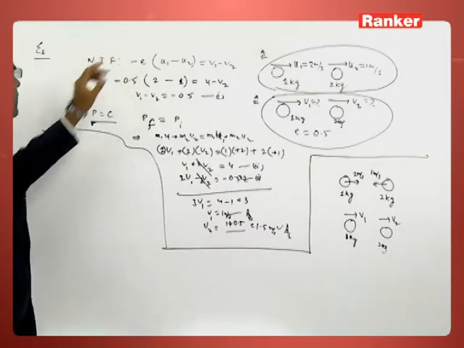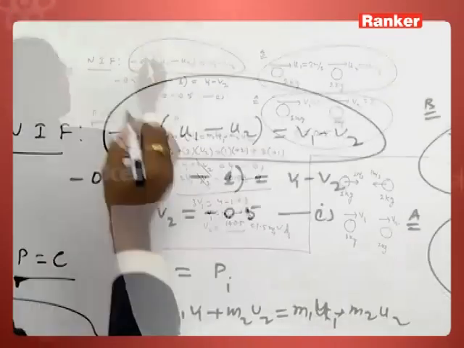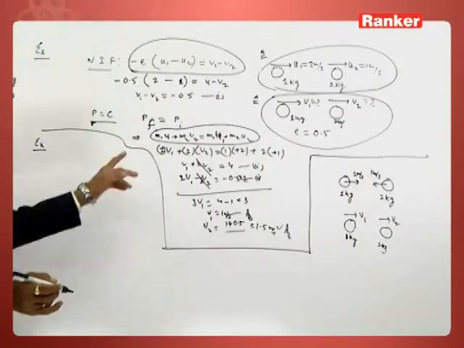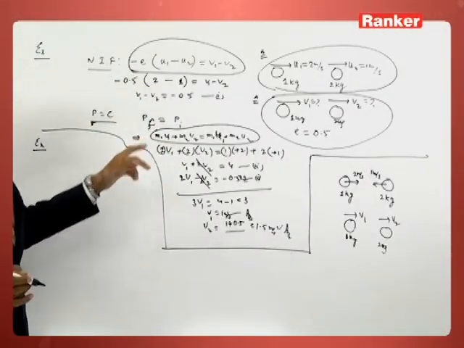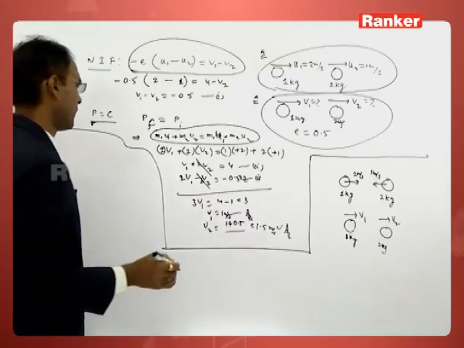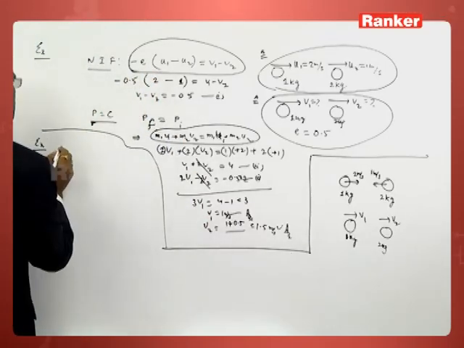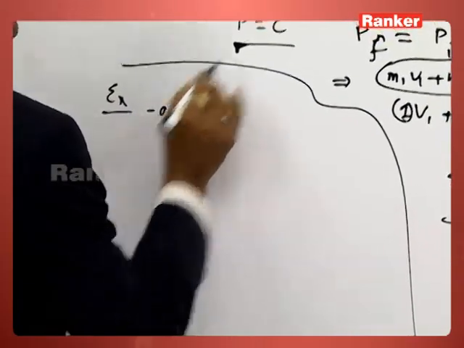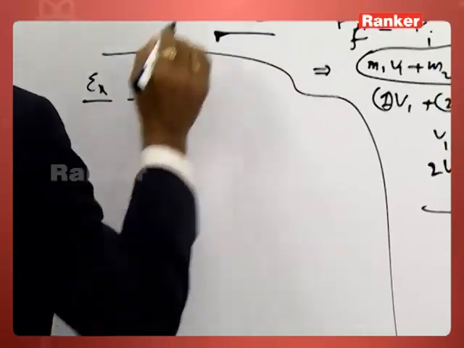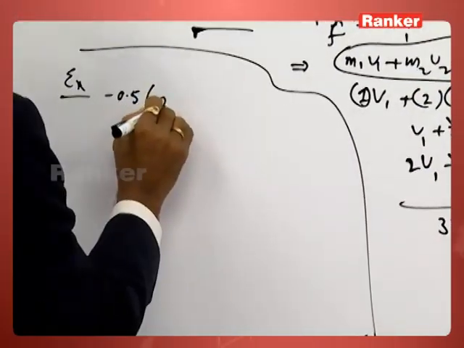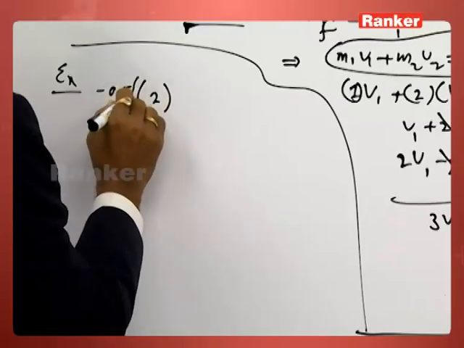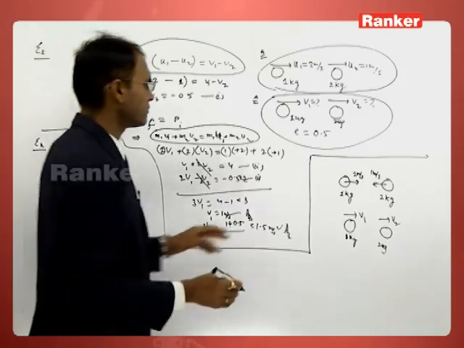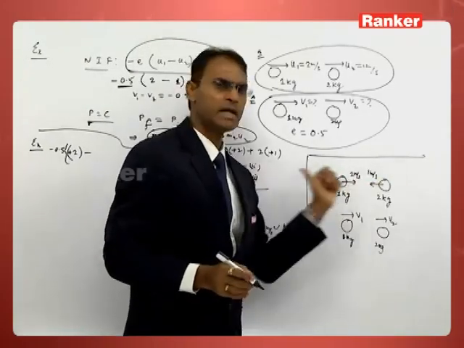We can use both concepts: Newton's empirical formula, and the second concept, the conservation of linear momentum. If we use this, you just have to change. This remains as it is. u1 is plus 2. u2 is moving in negative x direction.